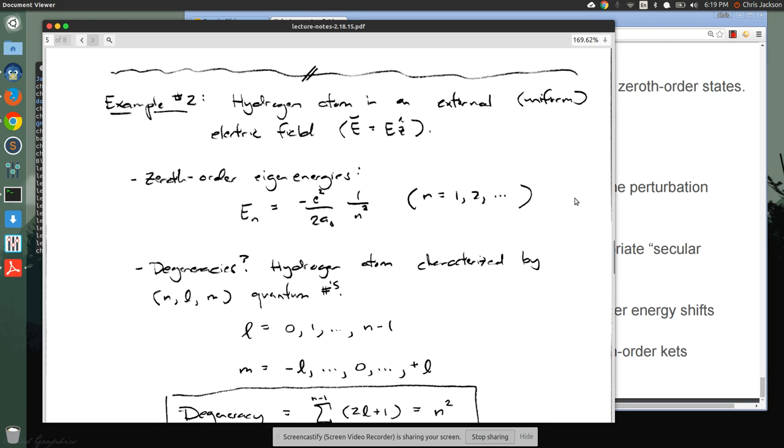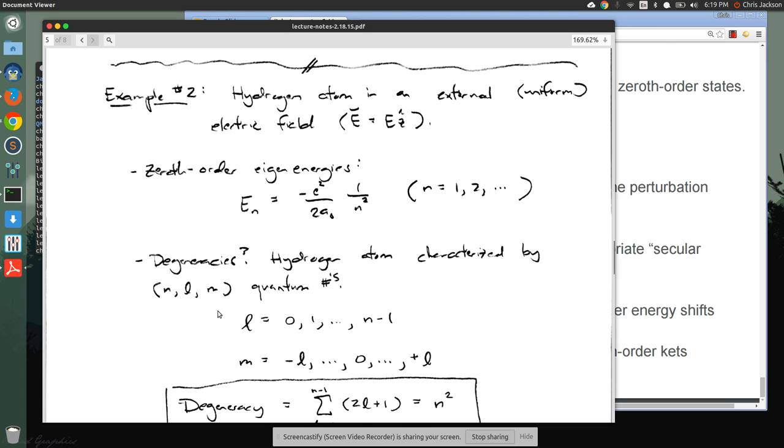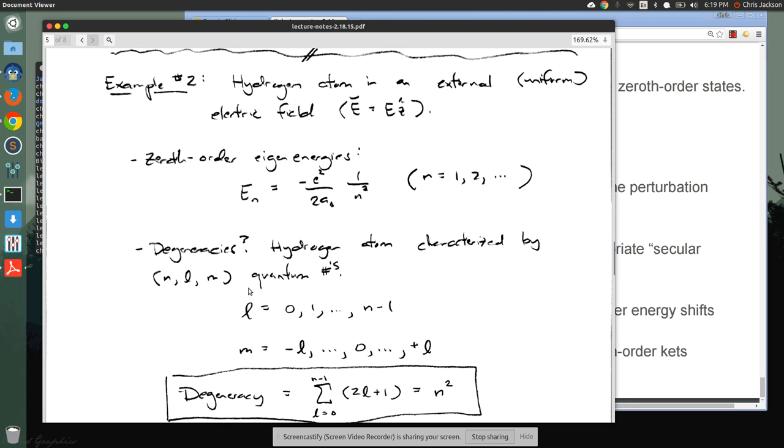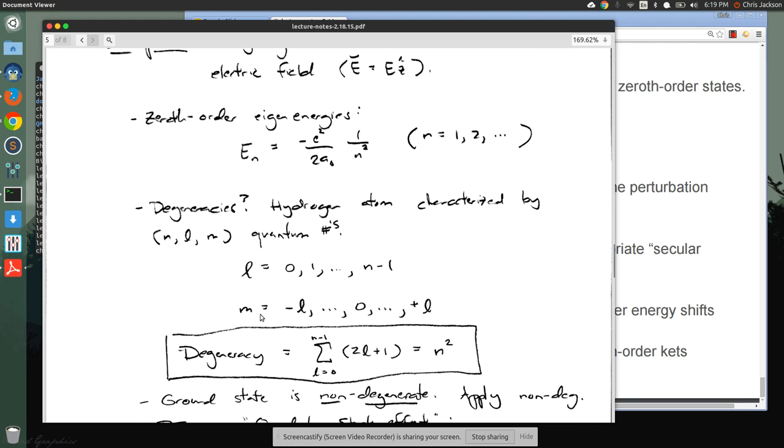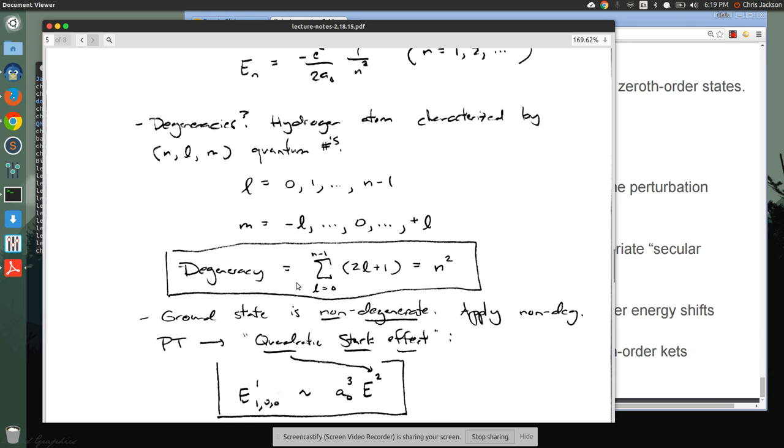Well, we know that the hydrogen atom is characterized by three quantum numbers, n, l, m, with n being the energy, l being the L squared quantum number, and m being the Lz quantum number, where l runs from 0 up to n minus 1, and m runs from minus l to plus l in integer values.